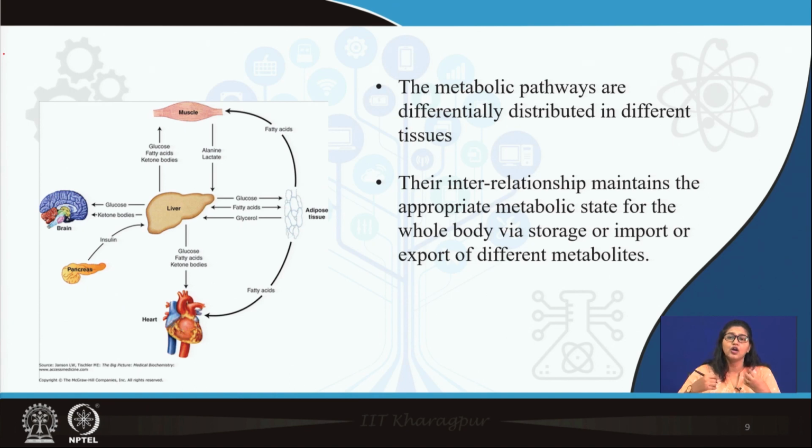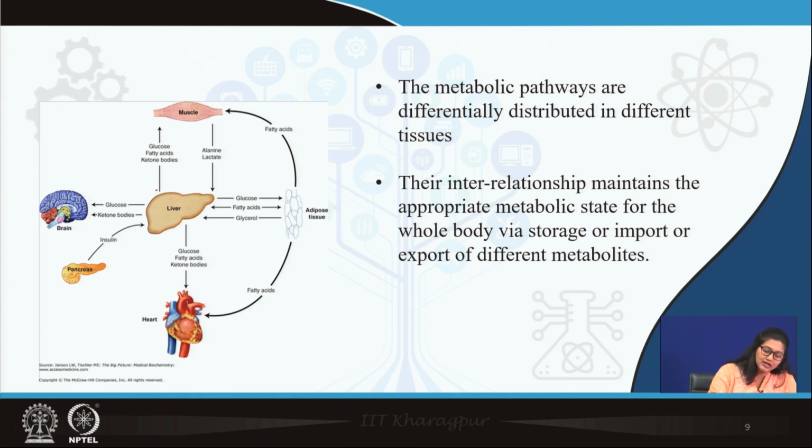Liver decides which nutrients to be supplied to which organ, who should be given the priority, who needs it now, who can be provided later, which metabolite can be exchanged at different stages. So, liver is the central hub of metabolism.